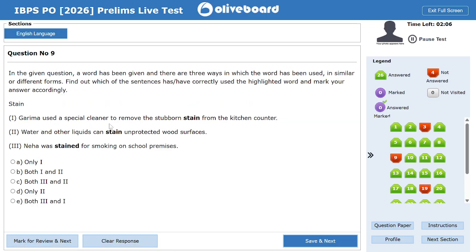Stain. Gorima used a special cleaner to remove the stubborn stain. Yes, one hoga. Water and other liquids can stain unprotected wood surfaces. Neha was stained for smoking. Can stain. One to hoga lekin one ke saath correctly used. Can stain unprotected.